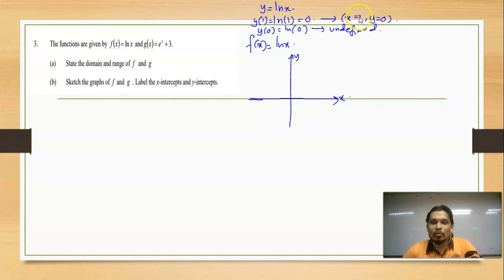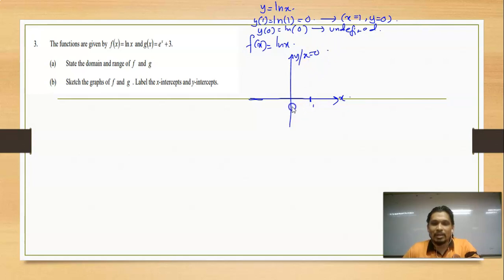When x equal to 1, y equal to 0, it intersects here. And when x equal to 0, the whole function is undefined, meaning along this y-axis is where x equal to 0. The function will have no value of y when x equal to 0.